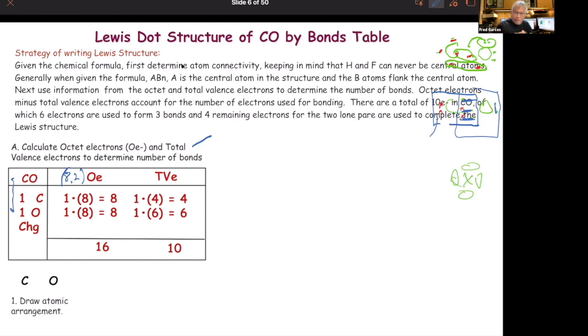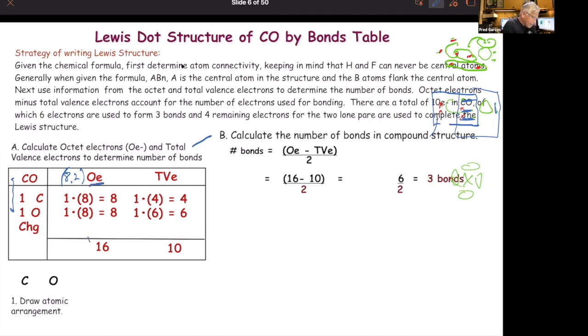That's the reality. The magical thing about getting the octet electron and the total valence electron is that the difference between 16 and 10, 16 octet electrons minus total valence electrons, is the number of electrons you have to commit to the bonds. And then if you divide it by 2, that's the number of bonds. So 16 minus 10 is 6.